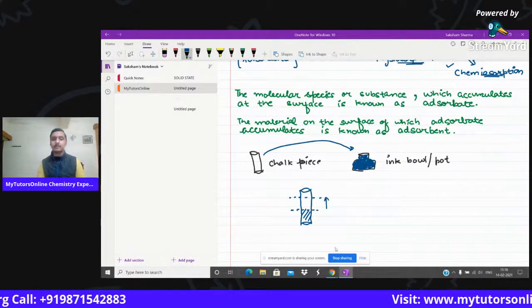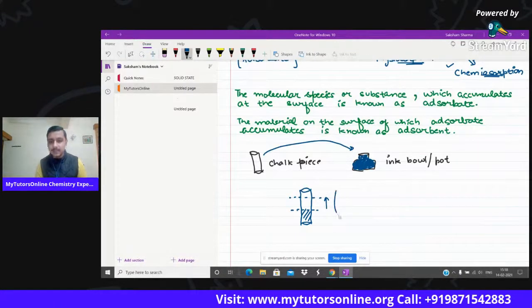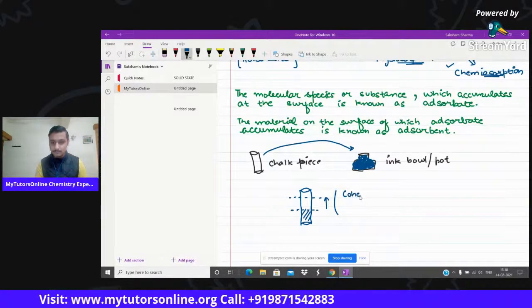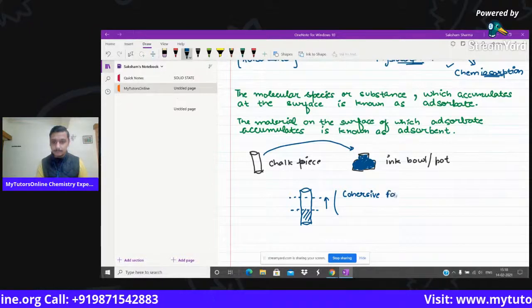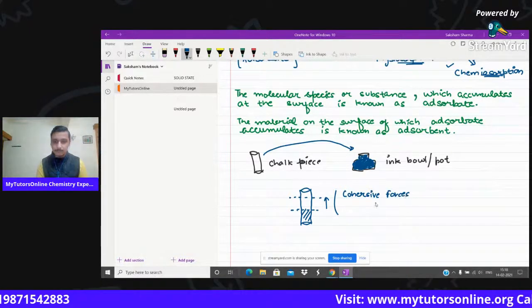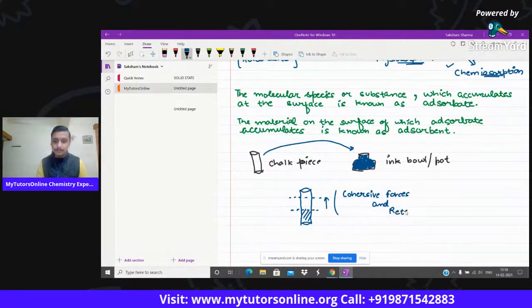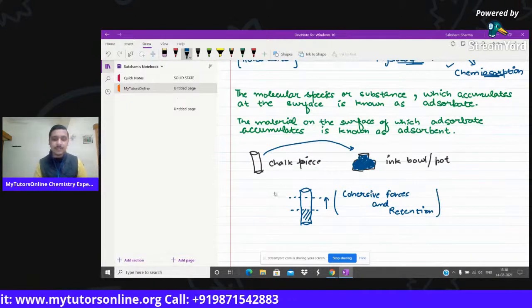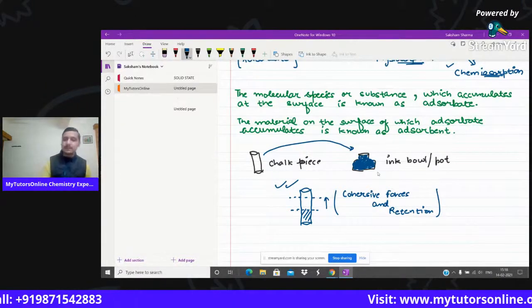Now why is this happening? This is happening due to coercive forces and retention. This is an advanced topic, and this is usually not asked in a board exam.